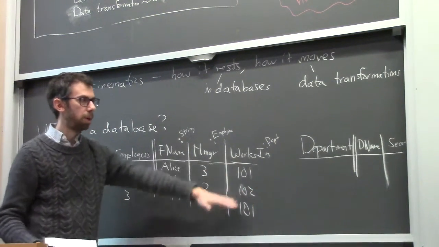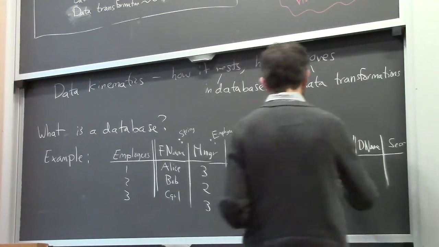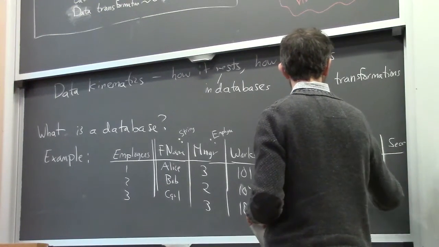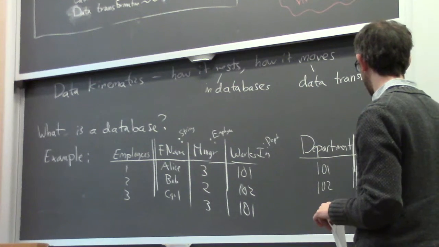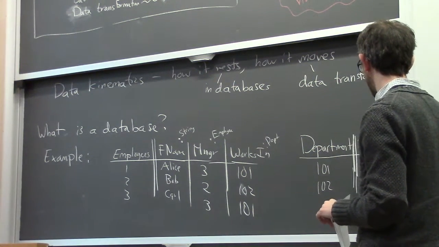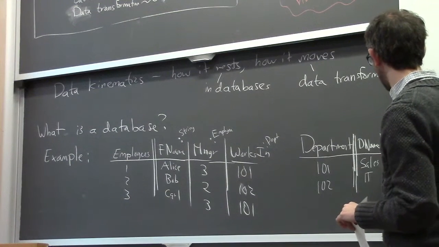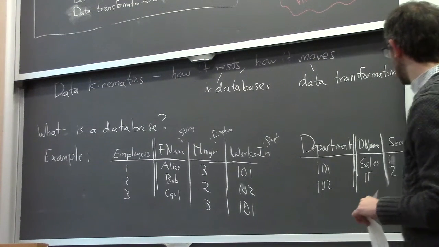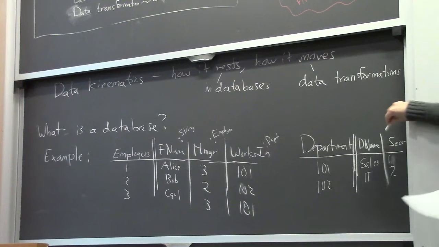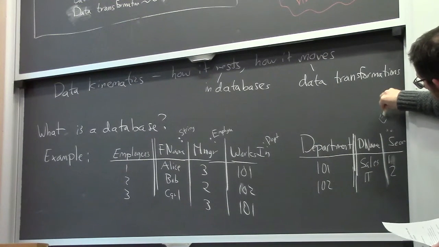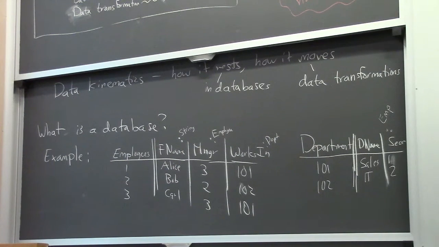And these are of type department, so they land in the department table. And department 101 is sales, and department 102 is IT, and the secretary of this one's 101, employee 1, and the secretary of this one's employee 2. So this secretary is of type employee. And that's a database.